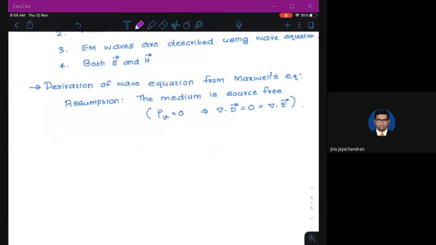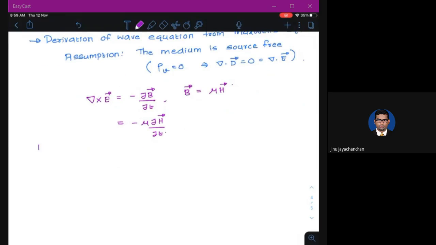So as per Maxwell's equation, del cross E is equal to minus dou B by dou t. And you know that the magnetic flux density B is mu into H. Implies del cross E is equal to minus mu into dou H by dou t. Okay. Now let's take curl on both sides.